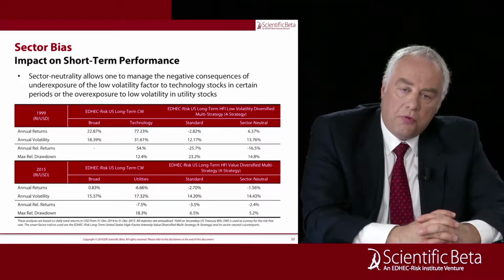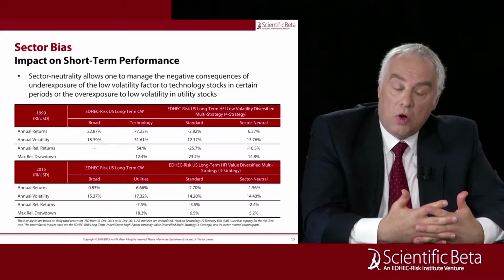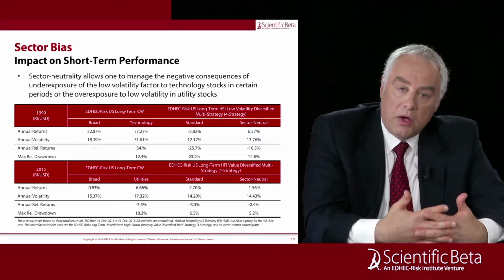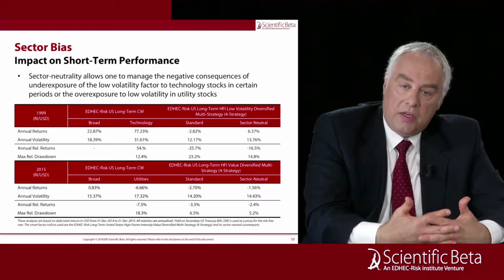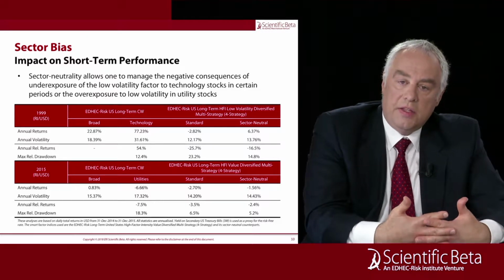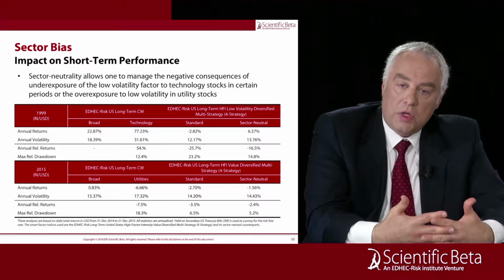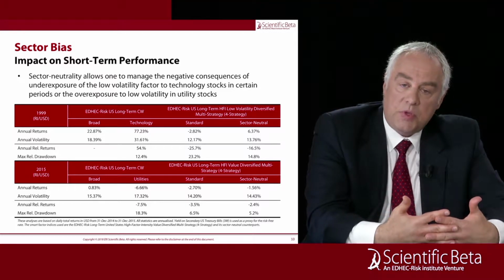So if we look at the performance of a low volatility strategy in 1999, that was the peak of the technology bubble. So what we can see there is that the technology sector had a very, very strong performance, an annual performance of 77%.